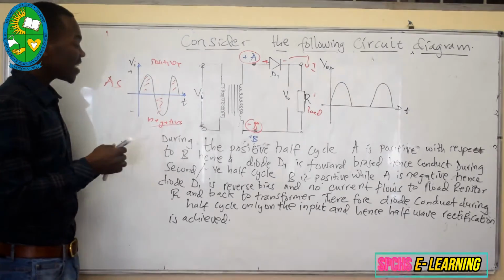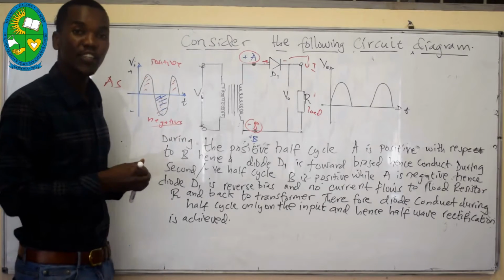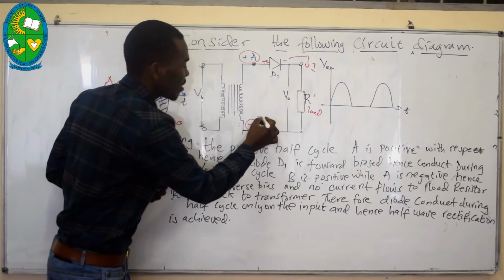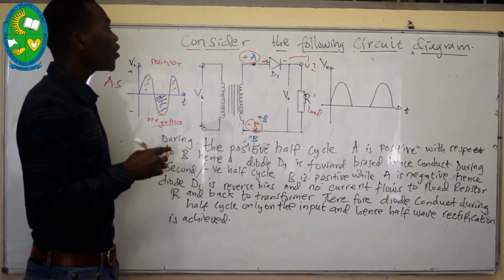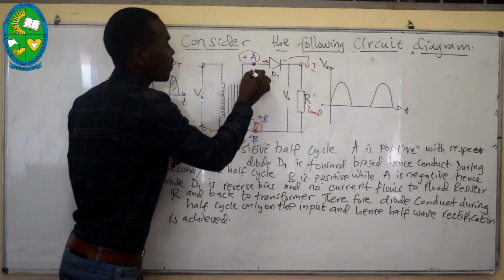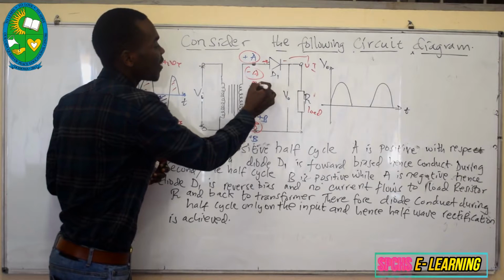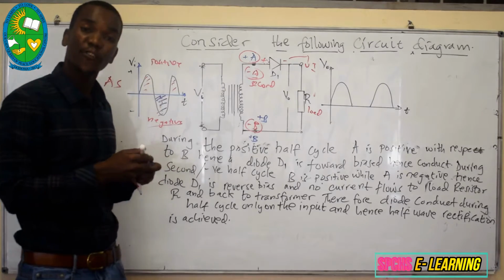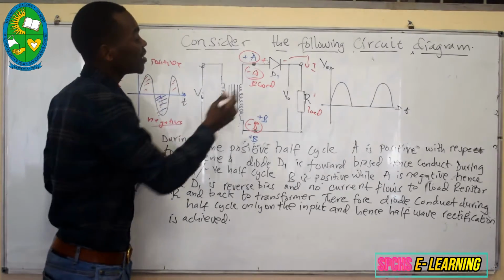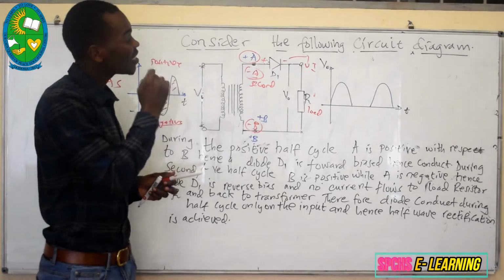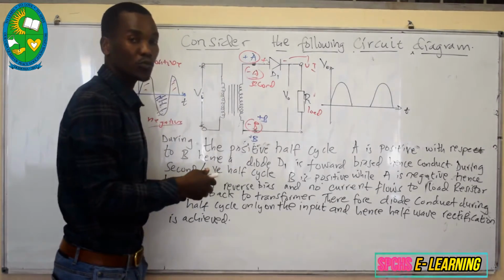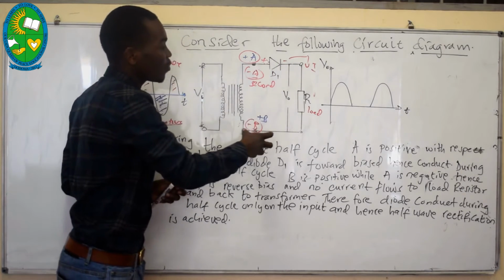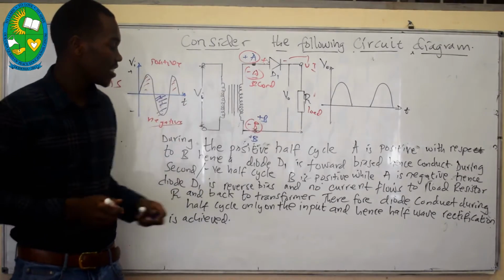Now, during the second half cycle, which is the negative half cycle, point B becomes positive while point A becomes negative. The anode of the diode is then negative, so the diode becomes reverse biased. When it is reverse biased, no current will flow to the load resistor.